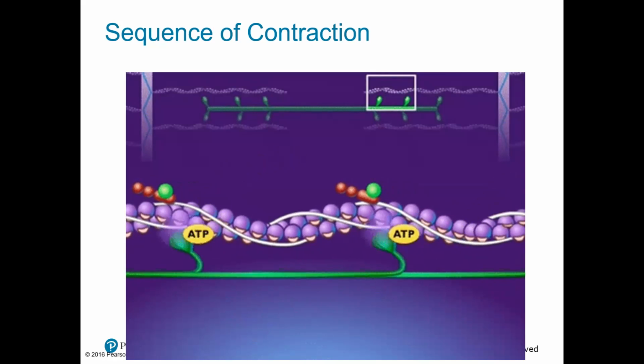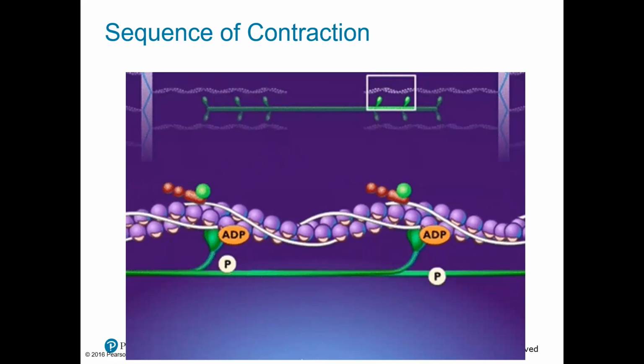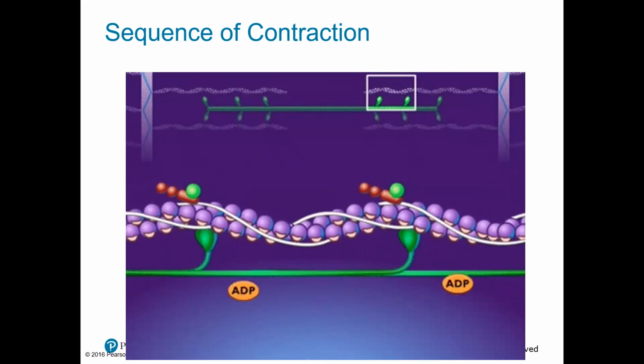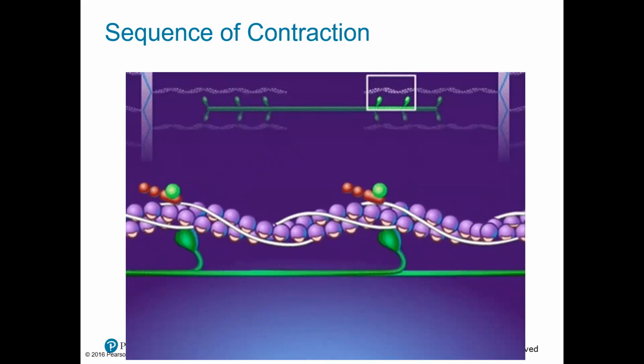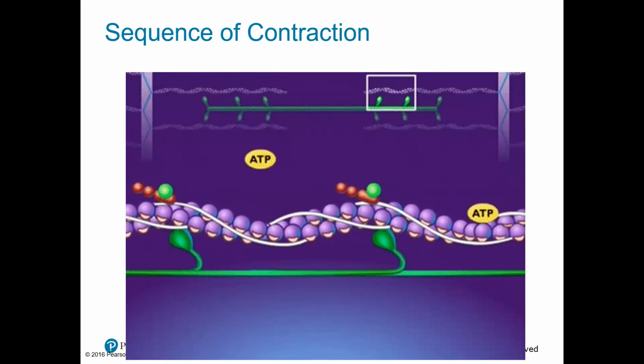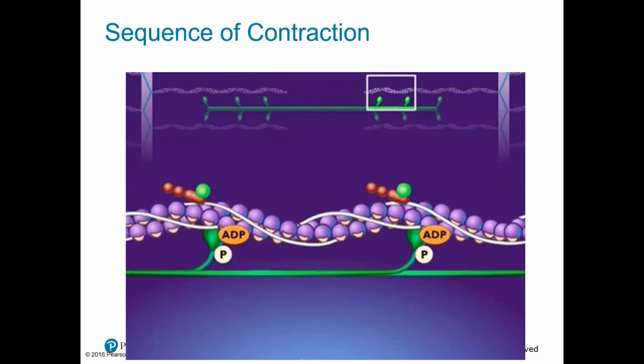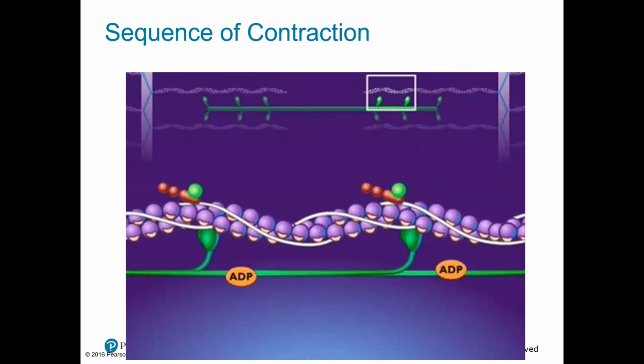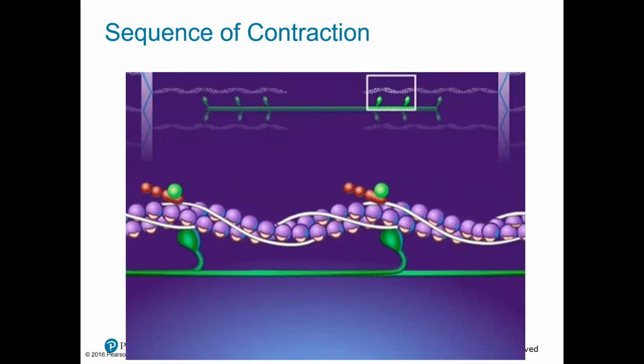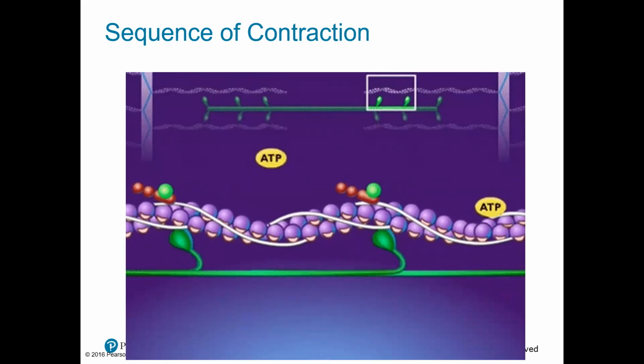They can't let go until ATP comes along. So once ATP has come along and allowed them to let go and recock, then as long as the binding sites are exposed, they will keep yanking on the thin filaments, and the sarcomere will get shorter and shorter and shorter.